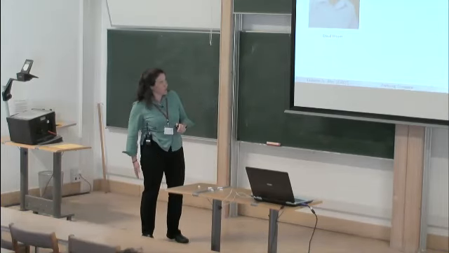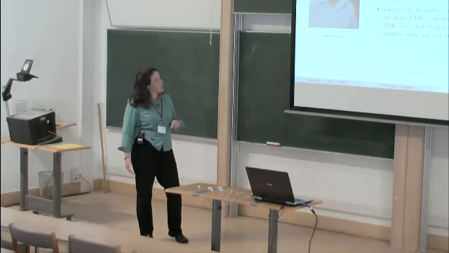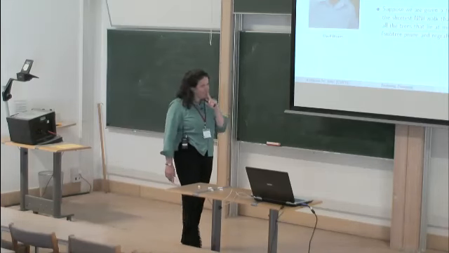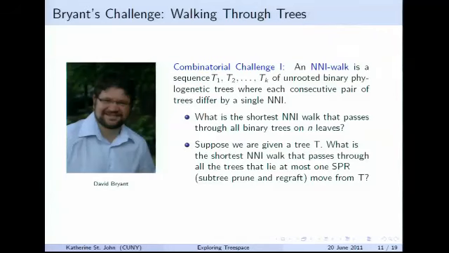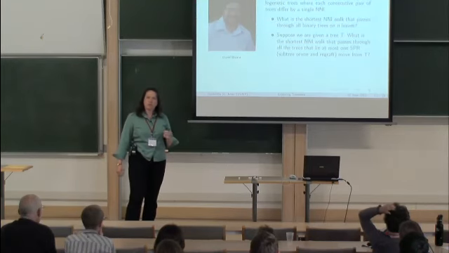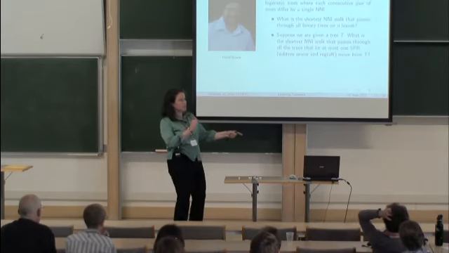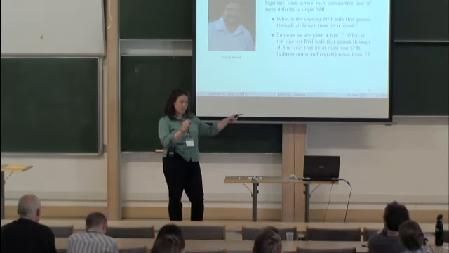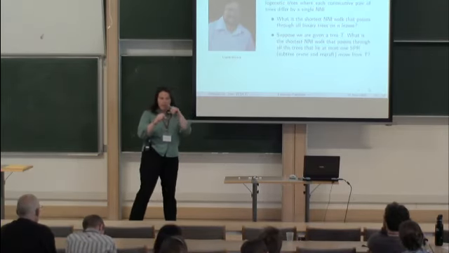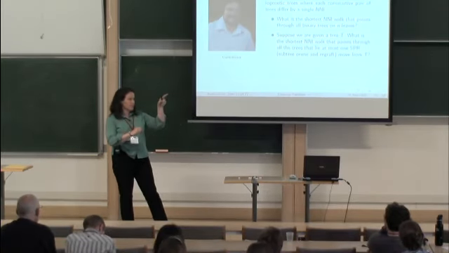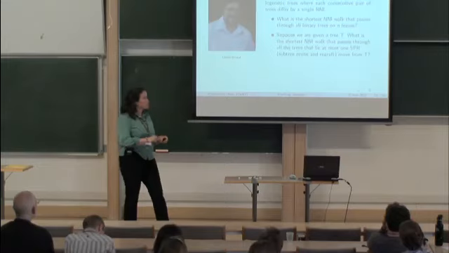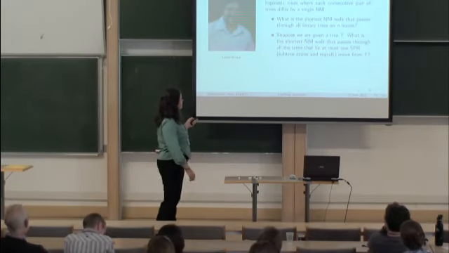And he's doing it under NNI. And then the question that he was more interested in when I asked him is, suppose we're given a specific tree T. What is the shortest NNI walk that passes through all trees that lie at most 1 SPR move from the tree T? So what is he saying here? Fix a tree T, look at its SPR neighborhood, and now we're using NNI moves. How long does it take to visit everything? So those are his conjectures.